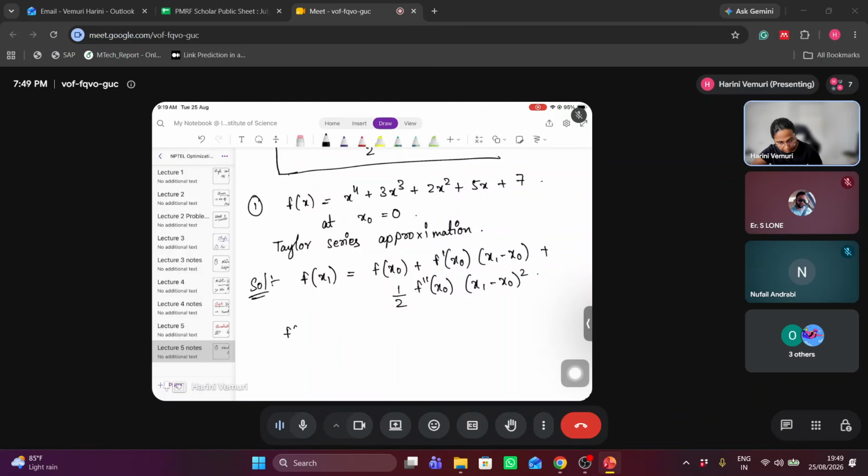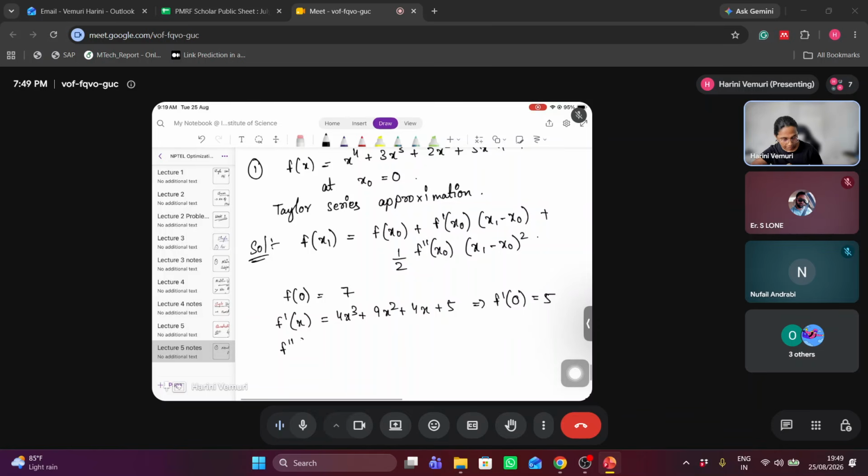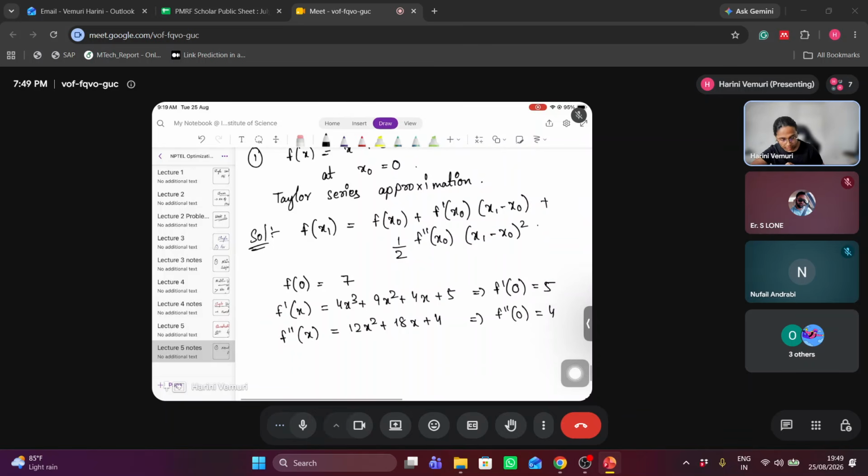So f of 0 is 7, f dash of x is 4x cubed plus 9x square plus 4x plus 5, so f dash of 0 is 5. Then f double dash of x is 12x square plus 18x plus 4, then f double dash of 0 is 4.